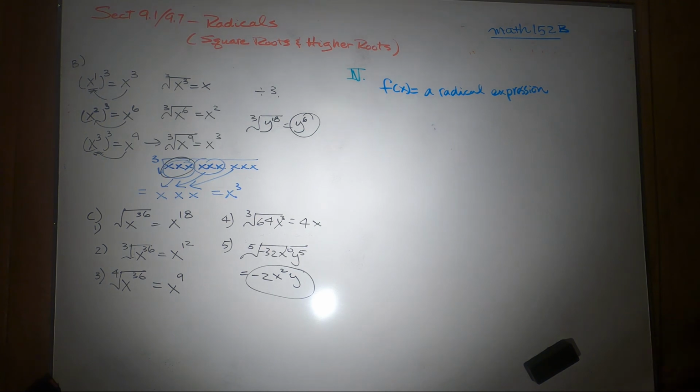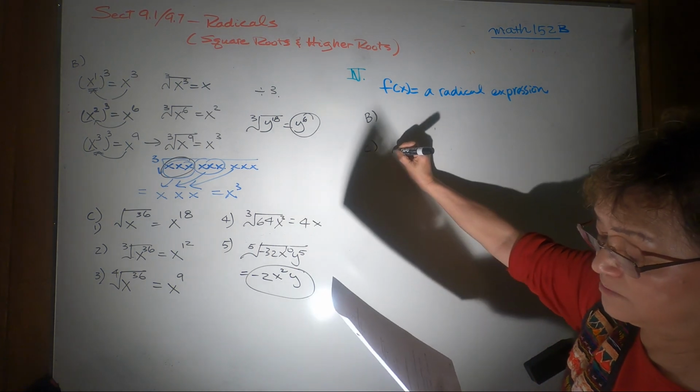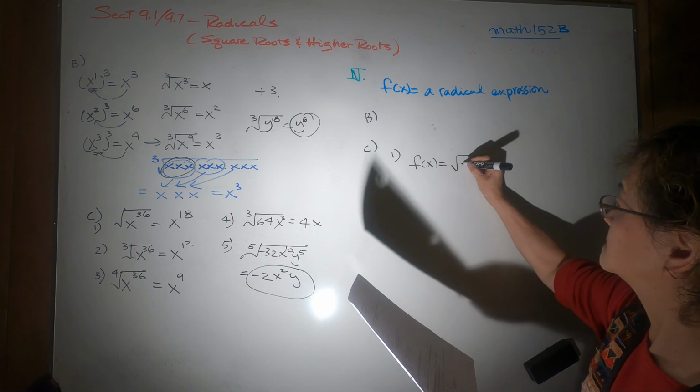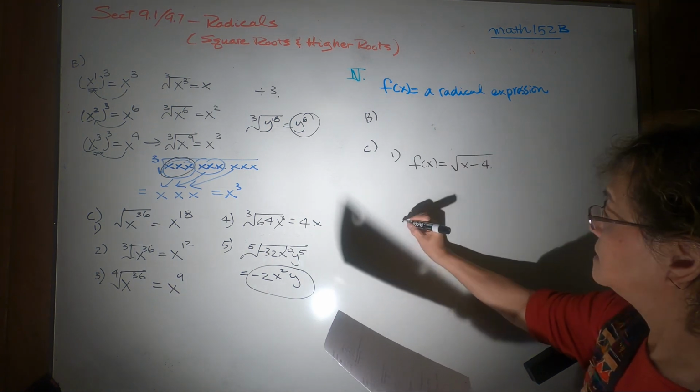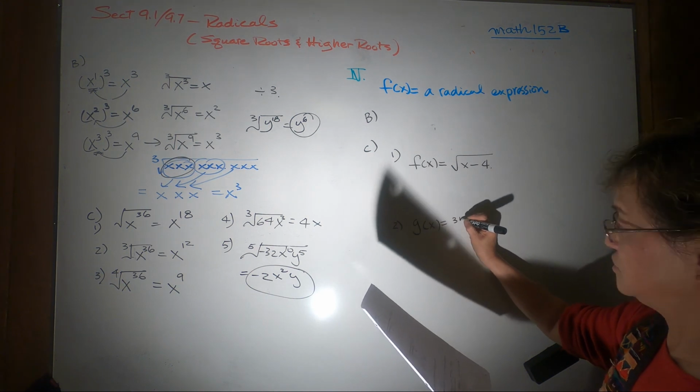We use expressions just like polynomials are expressions in math. So we might write it this way. Let's show the example first. f of x equals this. Another one we use, g of x equals this cube root.